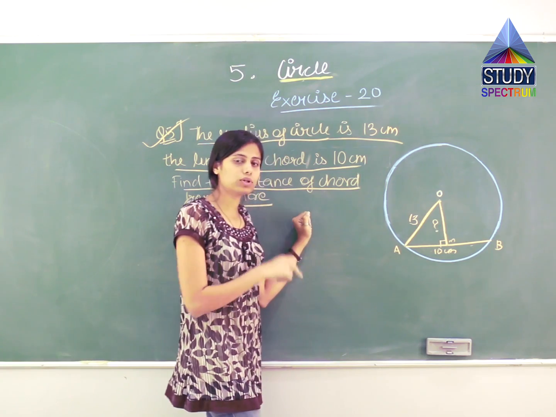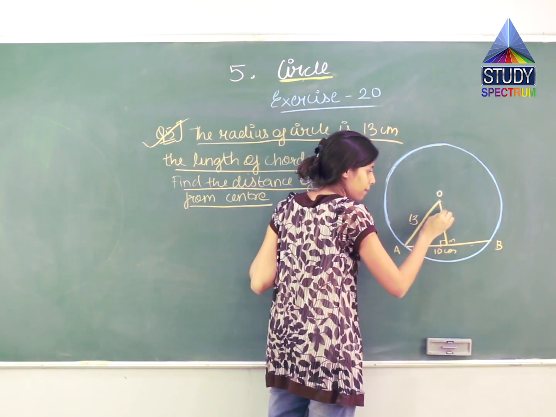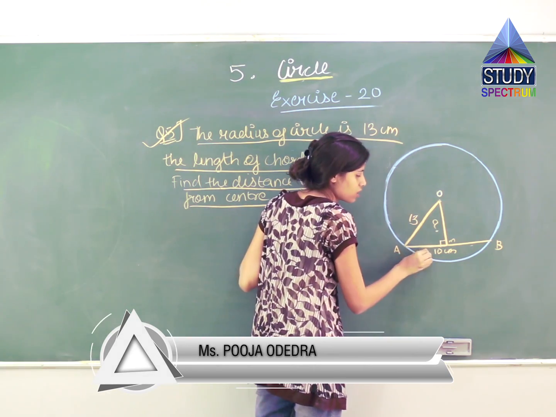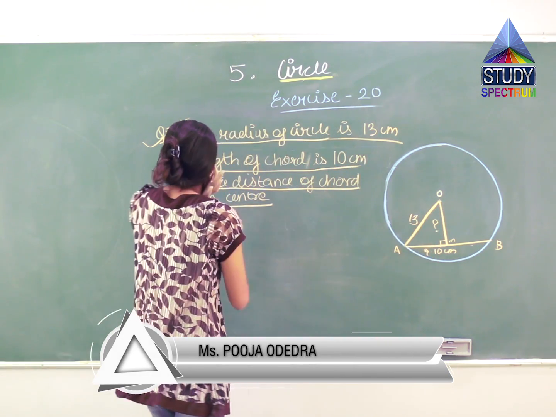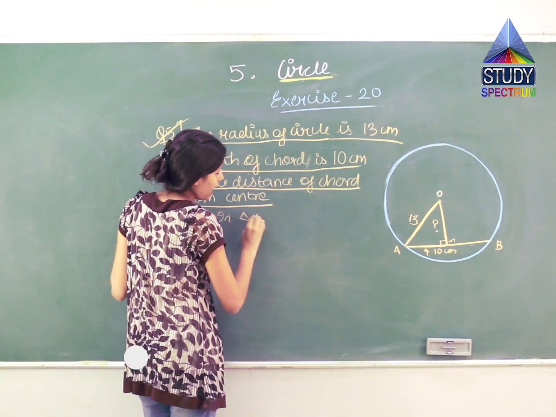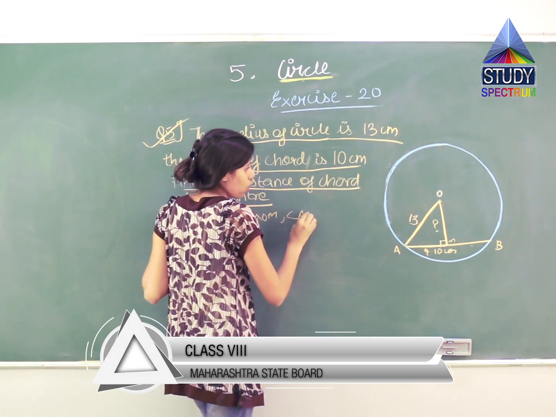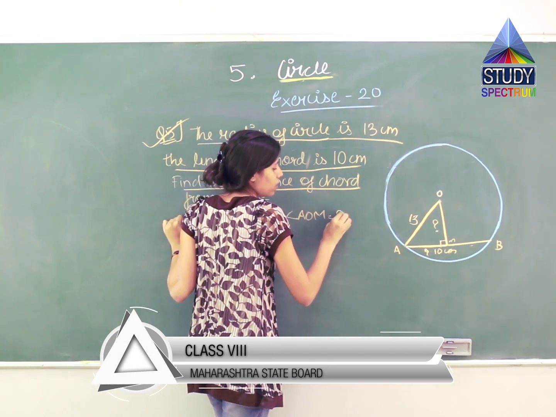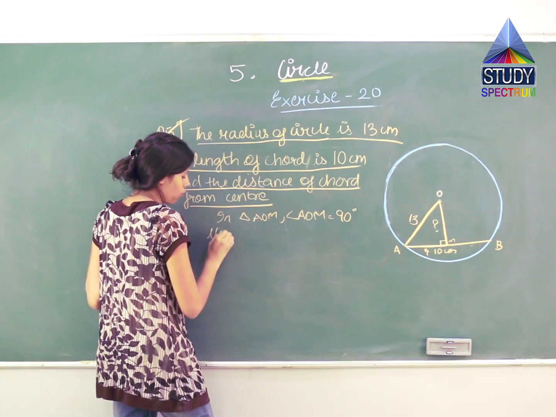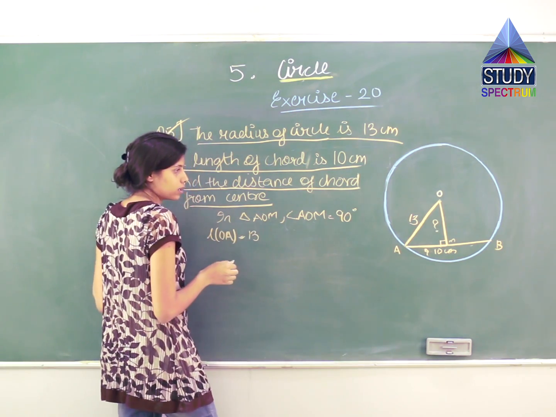By using the hypotenuse theorem for this triangle, which is OAM, we can find the length of this segment, which is unknown. So let us do that. In triangle AOM, angle AOM is equal to 90 degree. Okay, so length of OA is equal to how much? 13.